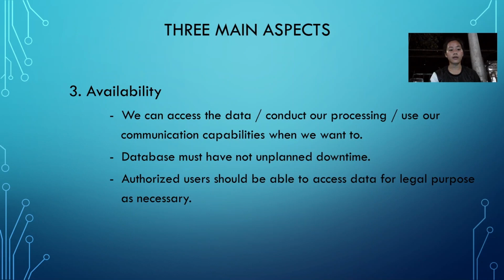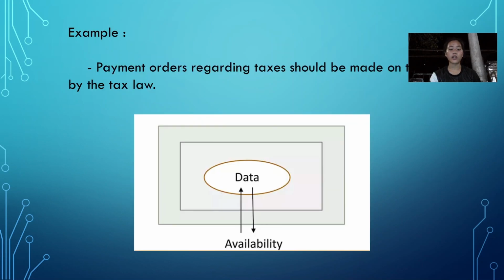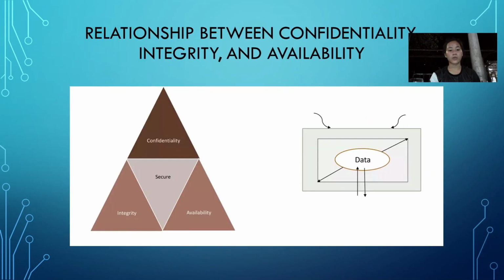An example of availability is that payment orders regarding taxes should be made on time according to the tax law. And then we have the relationship between confidentiality, integrity, and availability. If we have that relationship, of course, our data is secured.